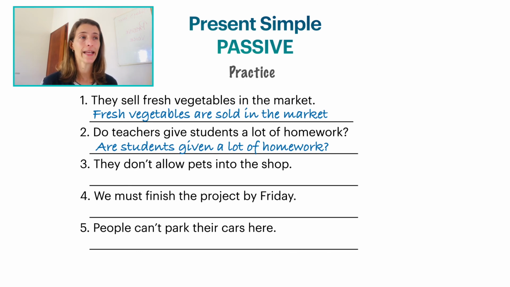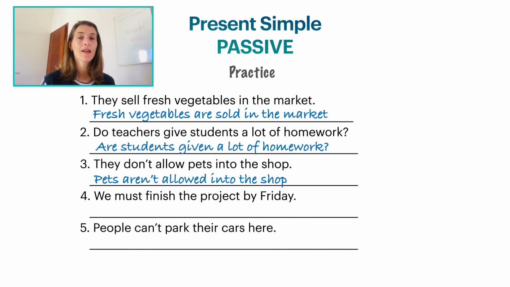Number 3 is a negative sentence. They don't allow pets into the shop. Ellos no permiten la entrada de mascotas al negocio. Bien, entonces, acá vamos a empezar con pets. Pets aren't allowed into the shop.